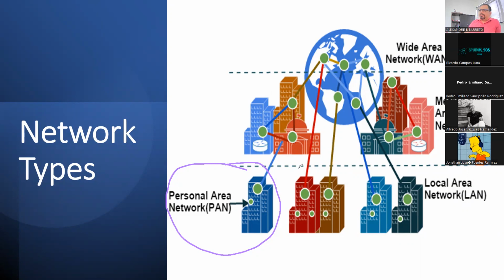Who can provide me an example of a personal area network that you use every day? Bluetooth, yes, exactly. Bluetooth is an example of a personal area network that you use every day. There are others, for example Zigbee, another technology used in a personal area network.